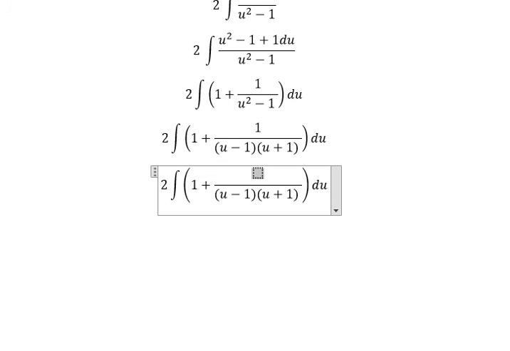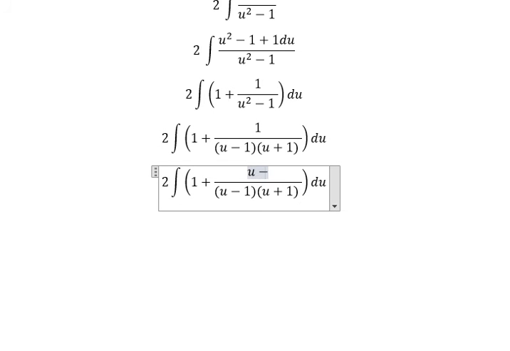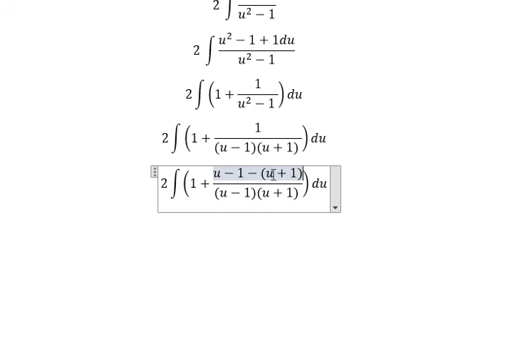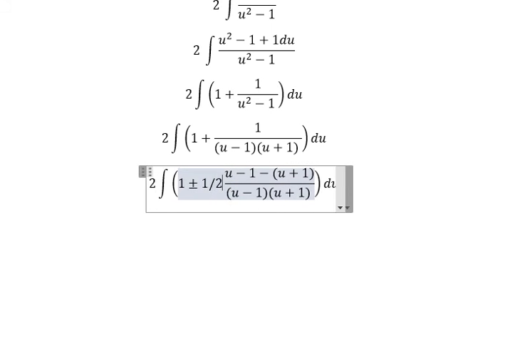In here, we need to put u minus 1 minus u plus 1. Negative 1, you will get negative 1 over 2.